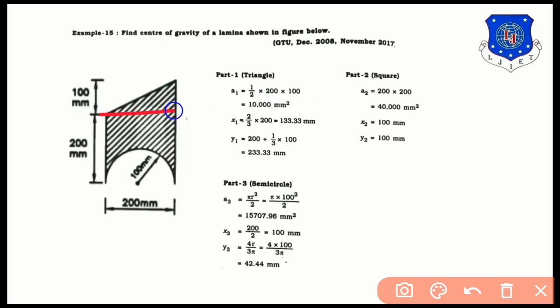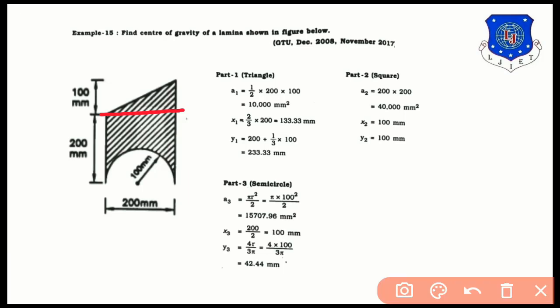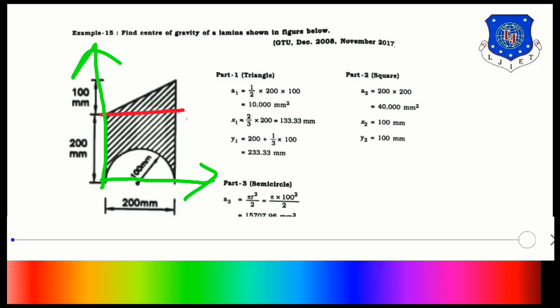Now for the x1, we have to draw axis first. So according to the rules, from the bottom x-axis always passing there, and from the extreme left of the figure y-axis passing there. Now CG of the triangle is somewhere over here.